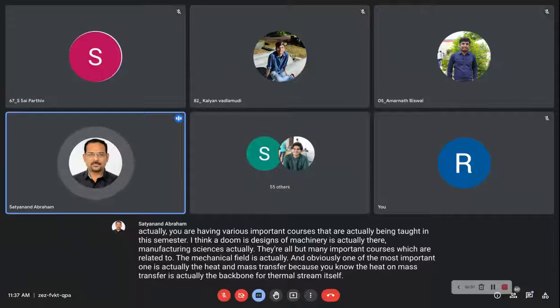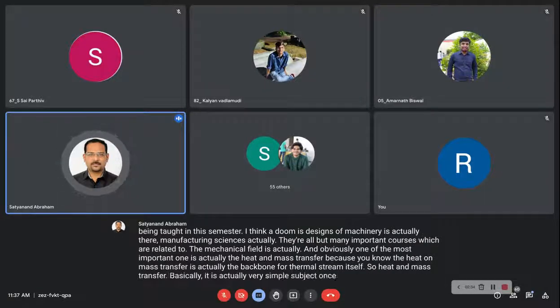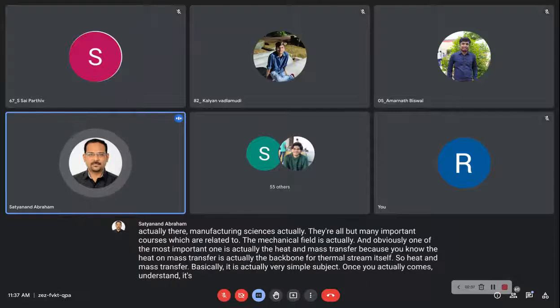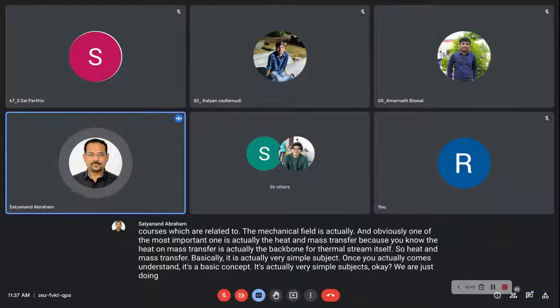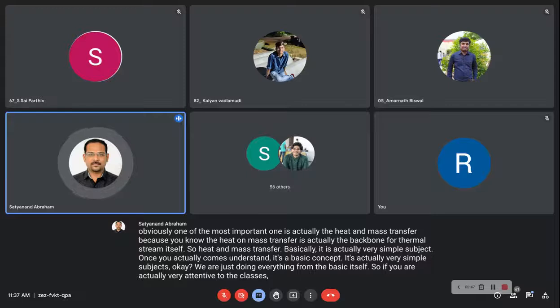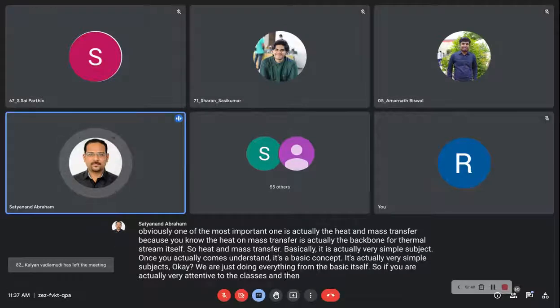Heat and mass transfer is basically a very simple subject. Once you understand its basic concept, it's very simple. We are doing everything from the basics itself. If you are attentive in the classes, you will understand everything.